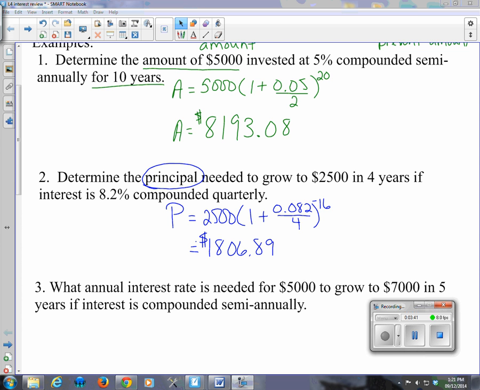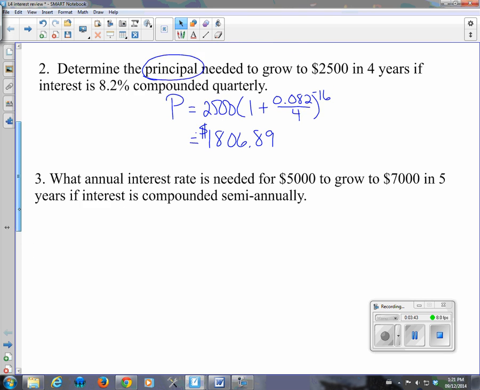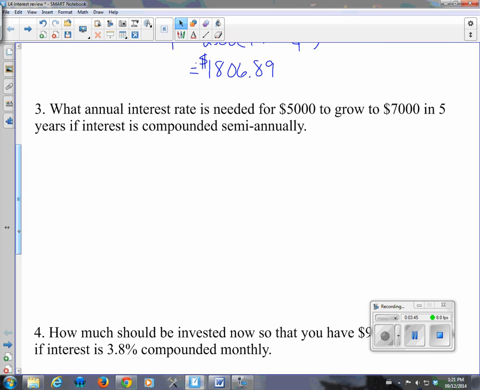So next one, what annual interest rate is needed for $5,000 to grow to $7,000 in 5 years if interest is compounded semi-annually? Okay, so we're figuring out the interest rate this time. We know our A and we know our P. So which is which? We're going to have $5,000 grow to $7,000.